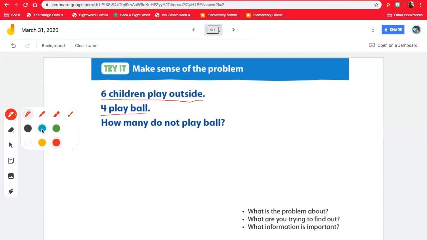They want to know how many do not play ball. So if we have 6 children outside and 4 play ball, how many are left that are not playing ball?